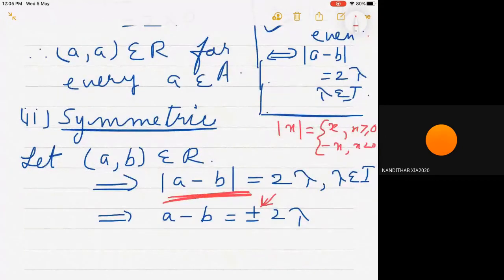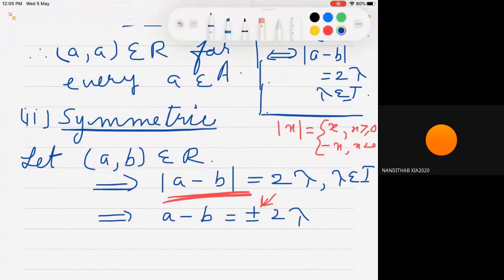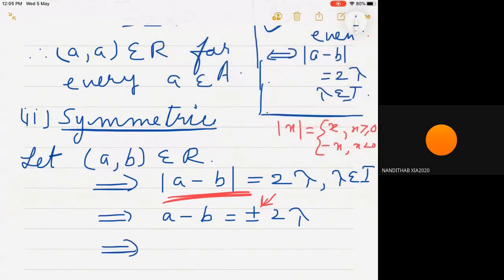Next, what you have to find out is b minus a, because we are going to check whether the ordered pair (b, a) is in R or not. So for b minus a, we multiply this equation by minus 1. So plus 2 lambda becomes minus 2 lambda and minus 2 lambda becomes plus 2 lambda.